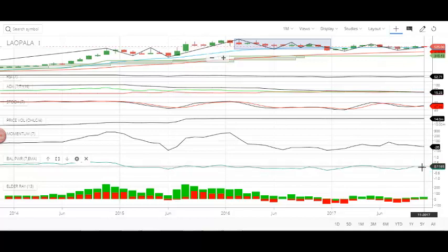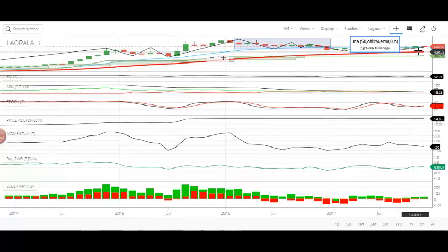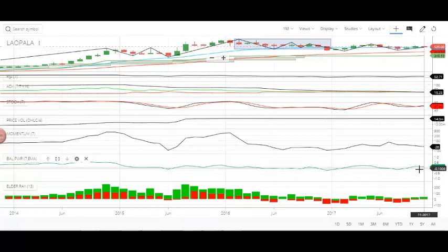Though it is on top of the baseline, it is very near to the baseline. If it crosses, then the stock enters the bearish phase. That means the stock may go down, it may cross below 500 first, and maybe even below 400. We need to see that.